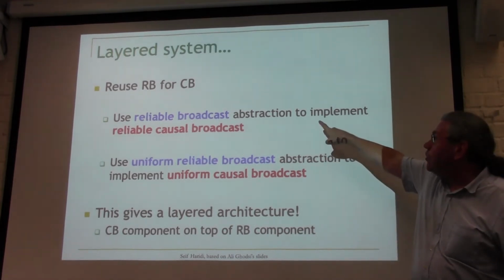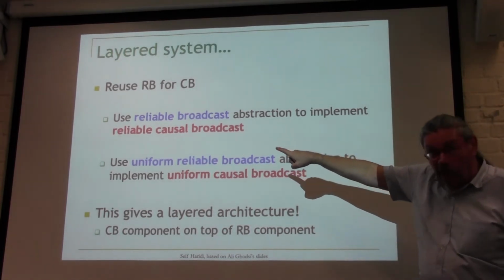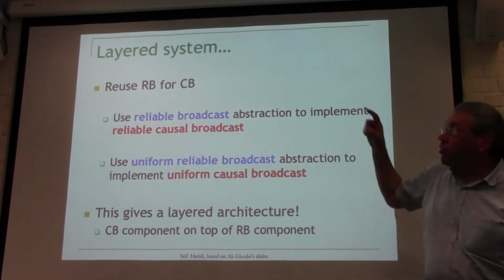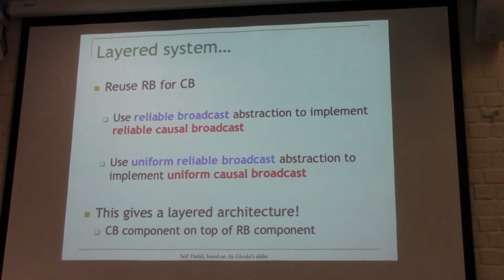and now we can build it. We're going to use the code for reliable broadcast to make the causal. So we're going to build our layered system. Remember, last week we had this reliable broadcast, which was built on top of best effort, and sometimes we even had a failure detector there.